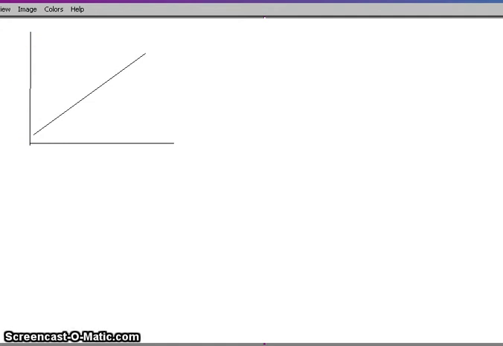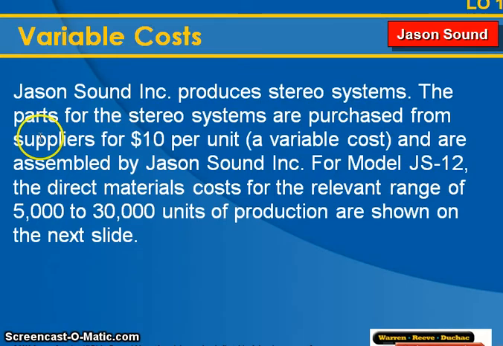Let's look at the actual example that's given in your slides. Here we have Jason Sound Inc. which produces stereo systems. The parts of the stereo systems are purchased from suppliers for $10 a unit, a variable cost. And they're assembled, and so on. Cost of direct materials of $5,000 or $30,000.